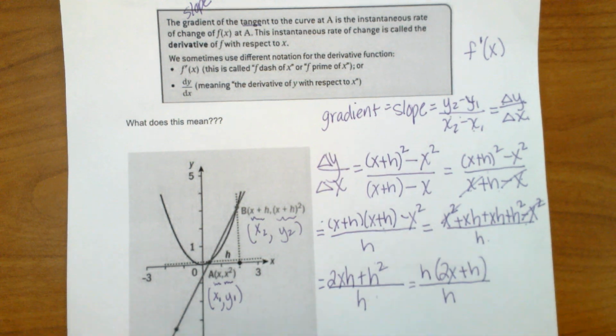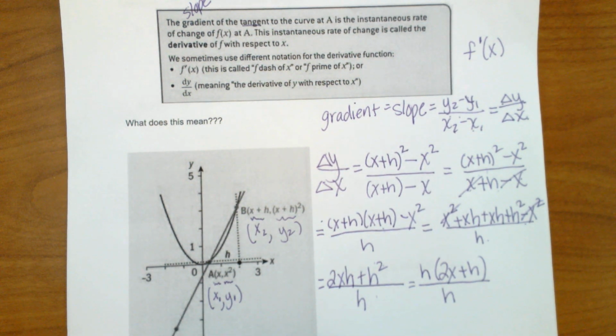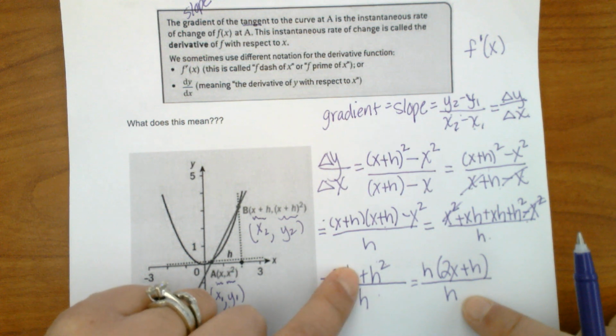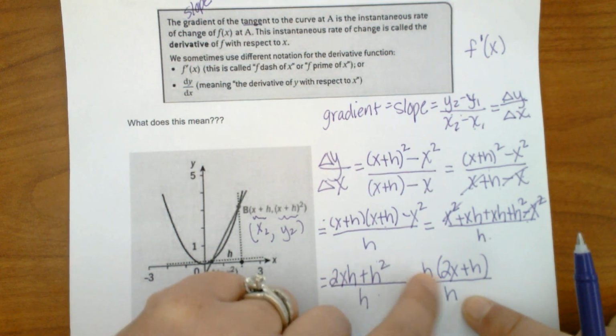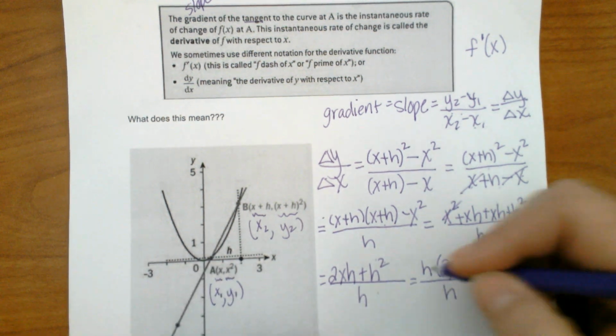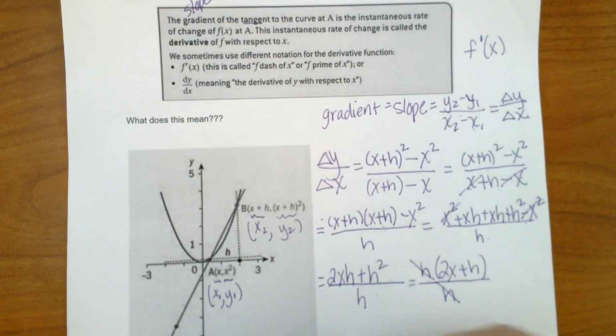And the reason why I did that, and I'm hoping that you can see this, is because I get to cross out the h's. I can only cross out anything from numerator and denominator if it's linked by multiplication. So I can't do it here because we have this addition sign. I can do it here because this h and 2x plus h are linked by multiplication. So I can cross out.